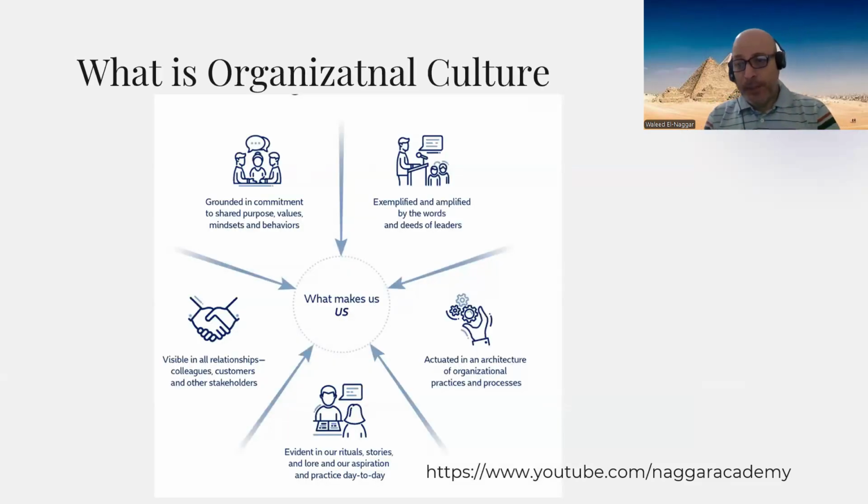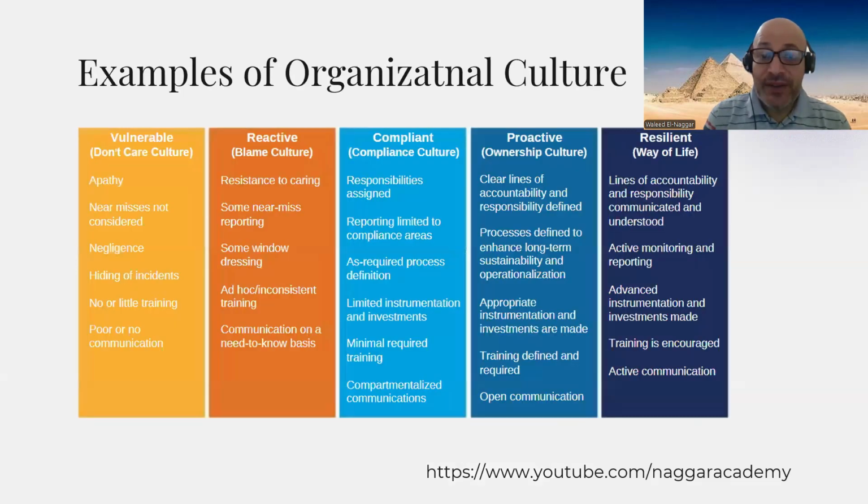So an important part of the organizational governance is the organizational culture. How is this culture of the organization working? We have different types of organizational culture. You can find the vulnerable culture, the culture where everybody doesn't care. Whatever happens, happens. They just don't care. They take it easy, they take it slowly.